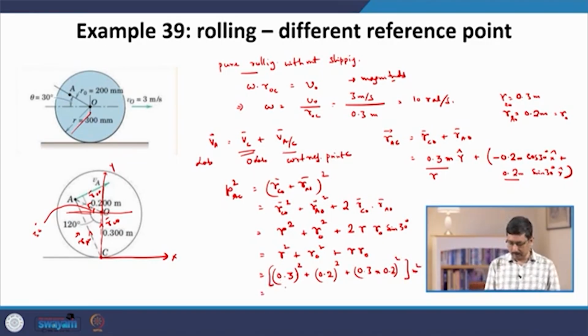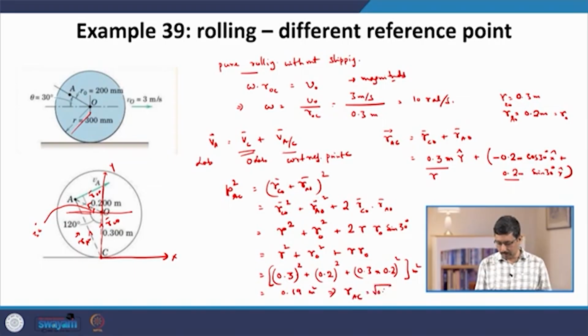So, this will be 0.09 plus 0.04 plus 0.06, that is 0.19 meter square. That means this distance RAC will be square root of 0.19 meter, which is about 0.436 meter. This should not be a square here.